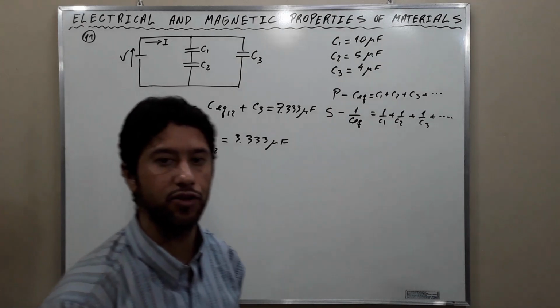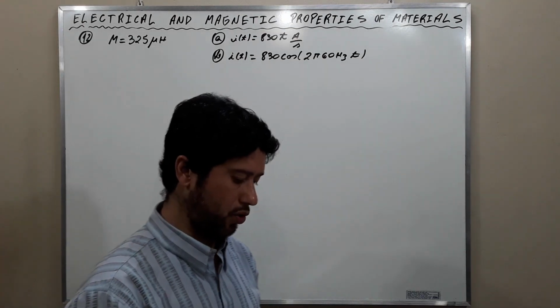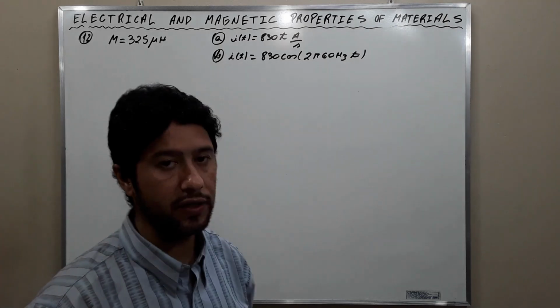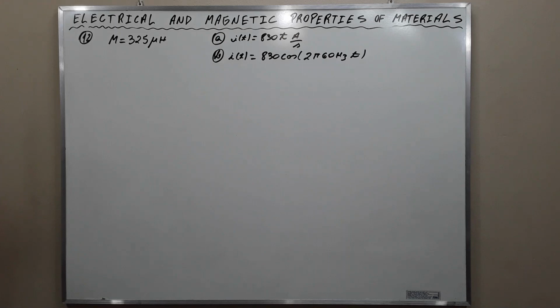Let's go to exercise 12. Induced voltage caused by mutual coupling. Exercise 12. Two coils have mutual inductance of 325 microhenry. If the current in the first coil increases at a uniform rate of 830 amperes per second, letter A, what is the magnitude of the induced electromotive force in the second coil?